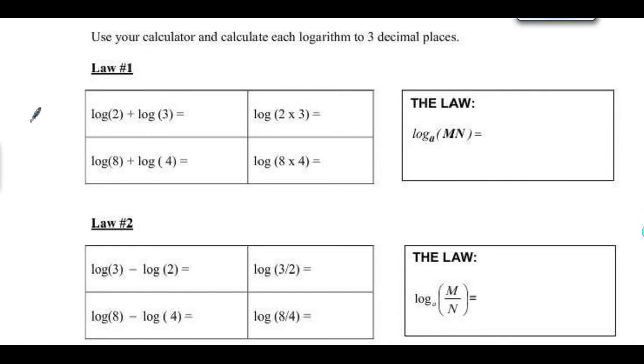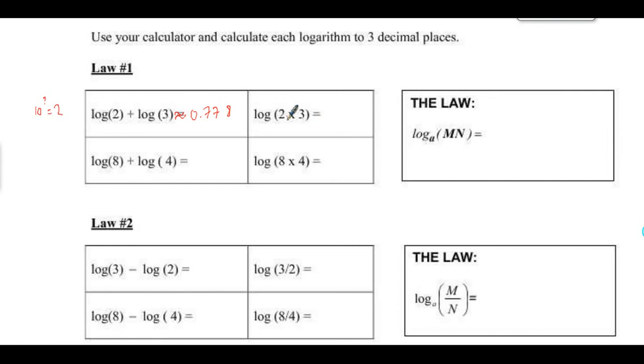Log of 2, remember that's log base 10 of 2, so that's asking 10 to the power of what will give 2. That's obviously going to be some fractional number. Okay, so if you take your calculators, the log key is always log base 10, right? So actually you get approximately 0.301 if you do that.